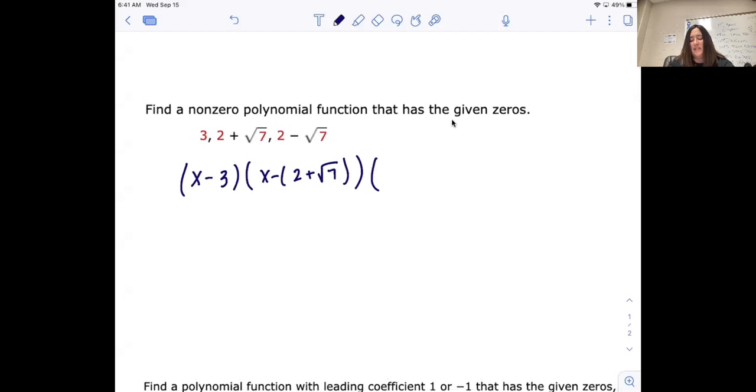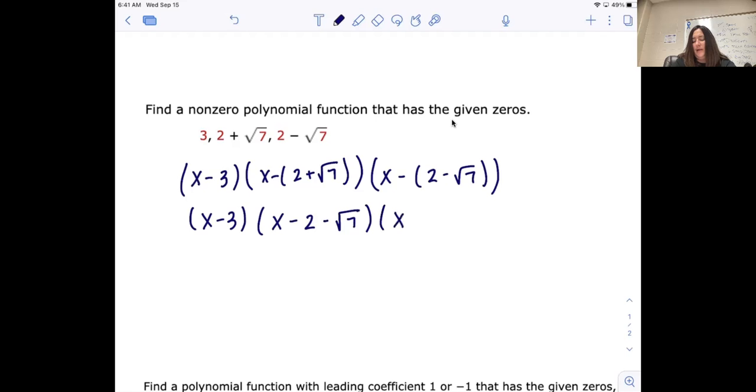So we have x minus my root, and then x minus my last root. So what we're going to do is we're going to have x minus 3. I'm going to go ahead and do that distribution. So I'm going to have x minus 2 minus the square root of 7, and then x minus 2 plus the square root of 7.